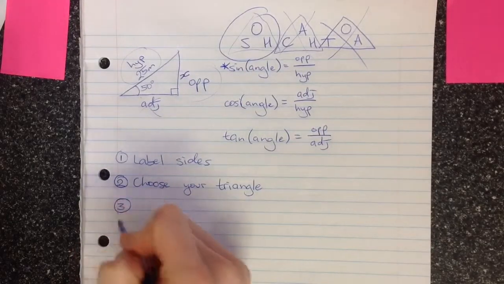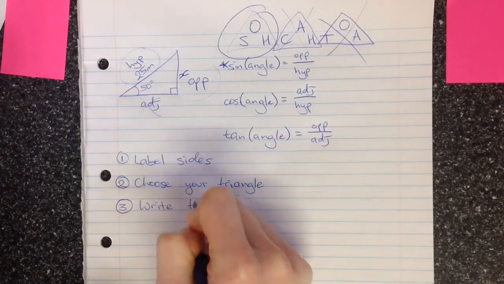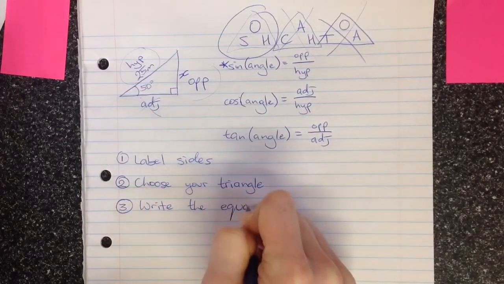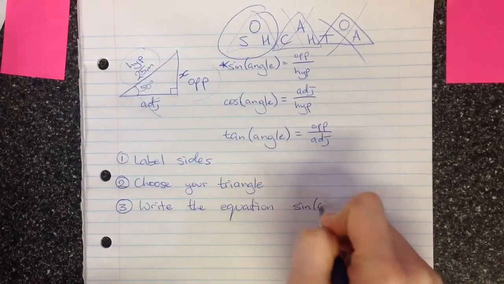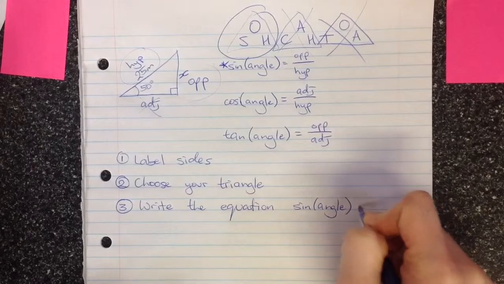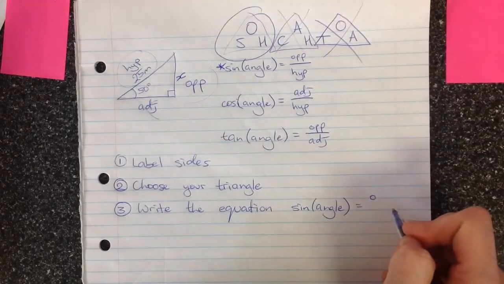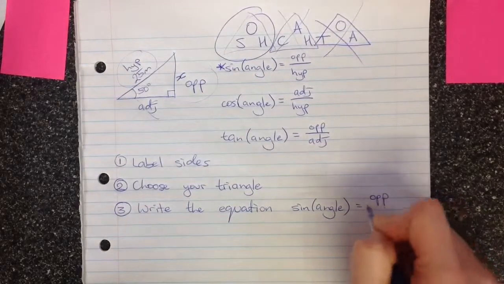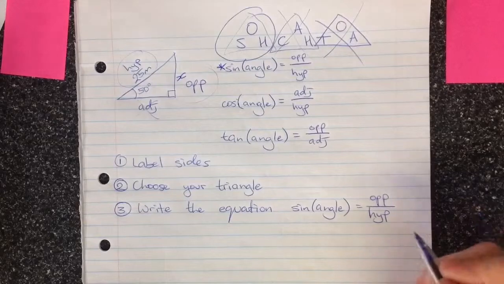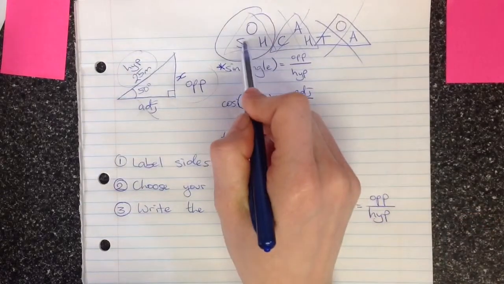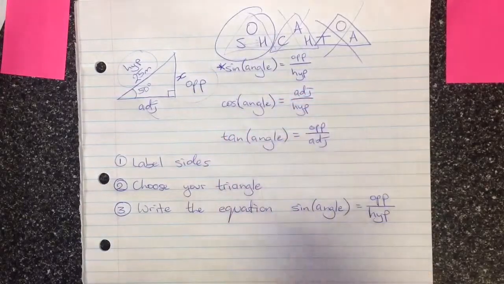Step 3, we write this equation. Sine of angle equals opposite over hypotenuse. In this particular case, to find the opposite, we multiply these two together.